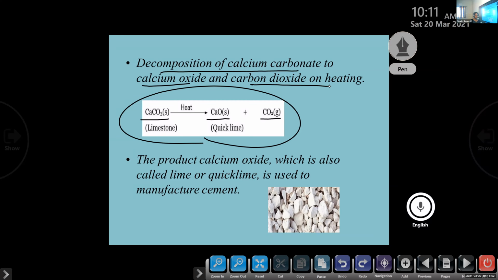Justin, tell me, this is an example of which type of reaction? Unmute and tell me. Justin? Yes, ma'am. Tell me, this is example for which type of reaction? Which type of reaction we are discussing now? Tell me. This type of reaction.